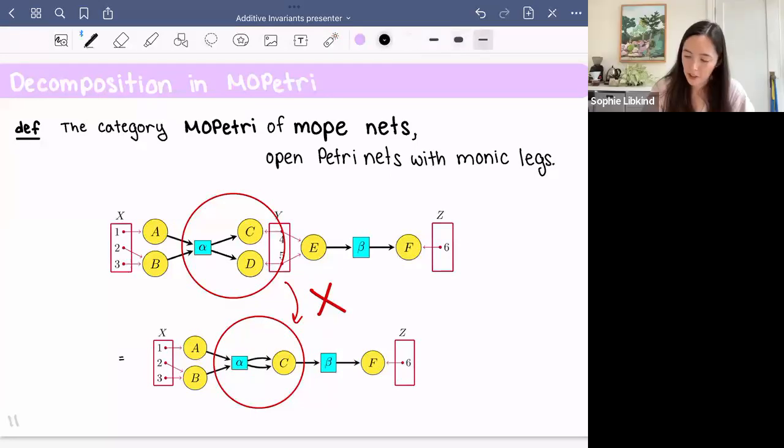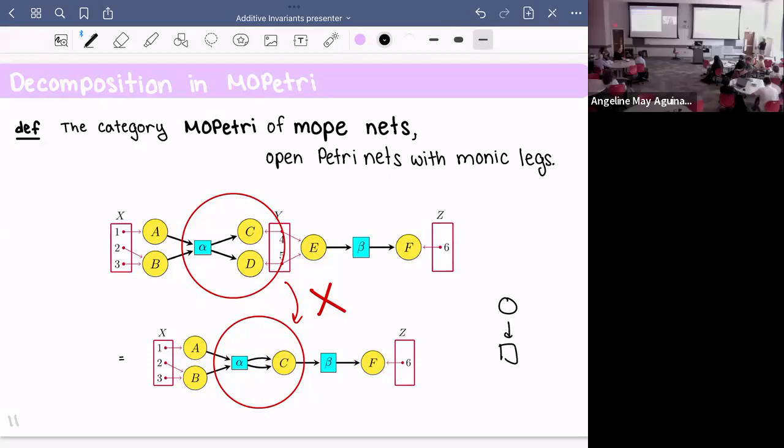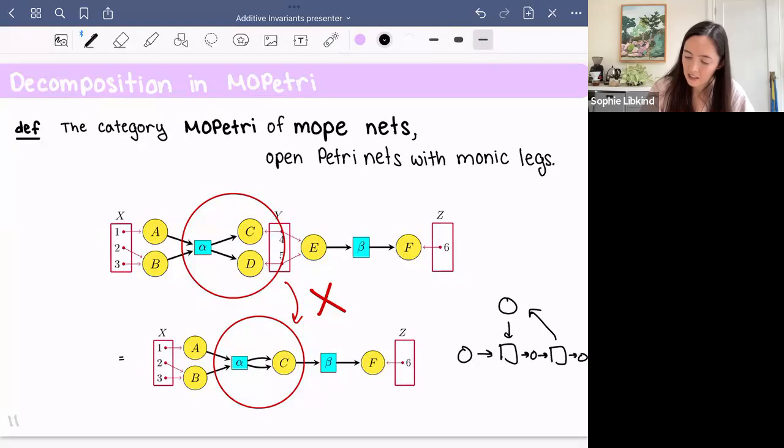Let me make sure I understand what you're saying. You have a species that's the input to one transition and the output of another? Yes, there are two transitions. That one's the catalyst, and the first transition has the substrate going into it, and then the second one. Yeah, that's right.